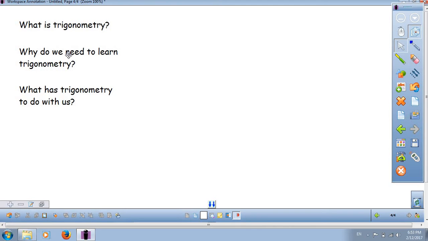Calculation of force, understanding velocity and acceleration, that also has to do with trigonometry. So believe it or not, there are many applications, many fields of science and technology, that all have to do with trigonometry in one sense or the other.